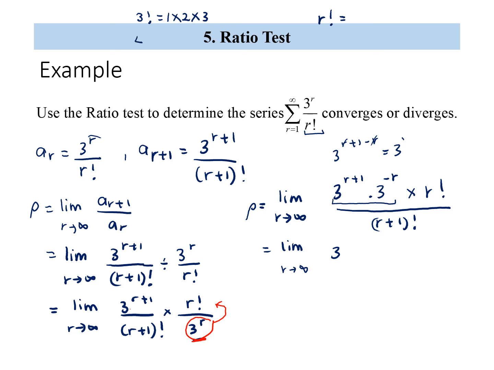And 4 factorial is 1 times 2 times 3 times 4. And n factorial is 1 times 2 times 3 times 4 up until n. Same goes with r, so the multiplication will be from 1, 2, 3 up until r.